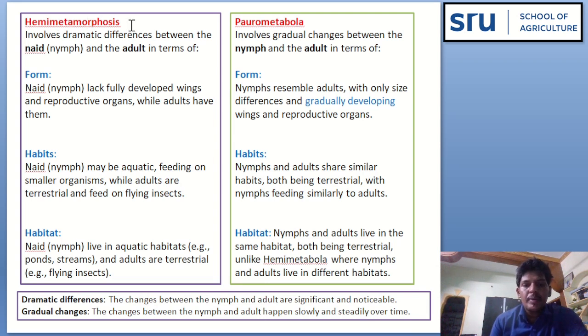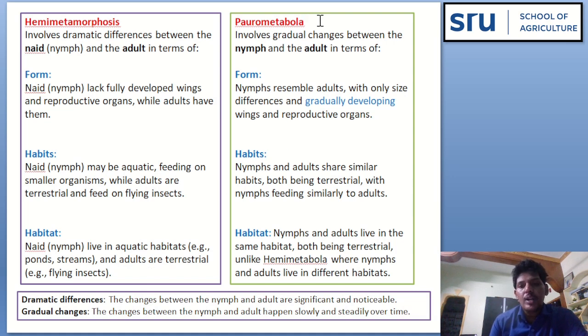See here, hemimetamorphosis form: naiads lack fully developed wings and reproductive organs, but adults have them. Habits: naiads may be aquatic, feeding on smaller organisms, while adults are terrestrial and feed on flying insects. Habitat: naiads live in aquatic habitats, that is in ponds and streams, but adults are terrestrial, that is flying insects.